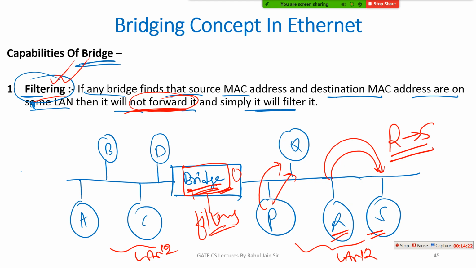This property is called filtering: if machines are on the same side, then suppose B wants to send data to D, the source address and destination address are on the same side of the lane. That is why there isn't a need of forwarding, they will simply filter it. Are you getting the concept of filtering in a bridge, guys?